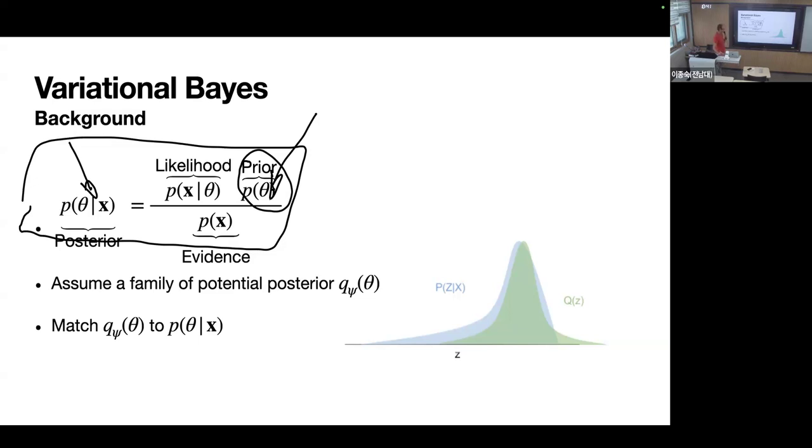It is rather slow. So I will say, look, I don't know how this looks, but I would like to estimate it. I'm going to assume that there is a distribution, the green one, that is sufficiently close to the one that I want to look at, the blue one, and I'm going to solve my problem using the green distribution.